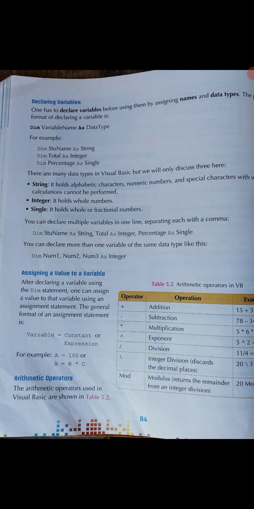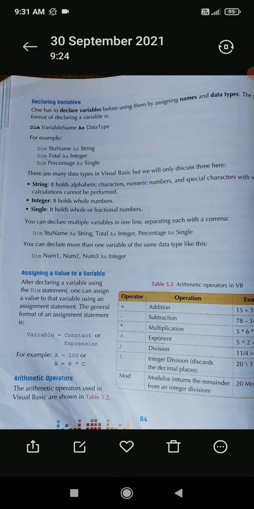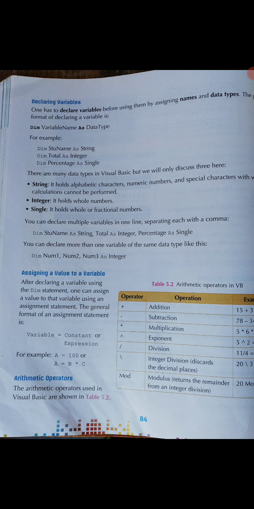The third data type is single, and single holds fractional numbers, like 2 by 4 or 16 by 2, any sort of fraction consisting of a numerator and denominator. Clear? So here you have got three data types: the first is string, the second is integer, and the third is single. Clear this much?